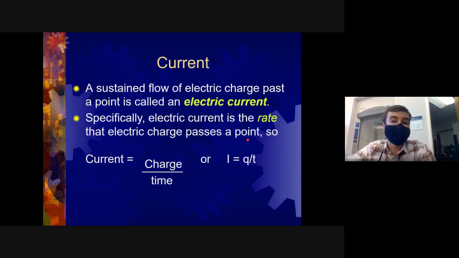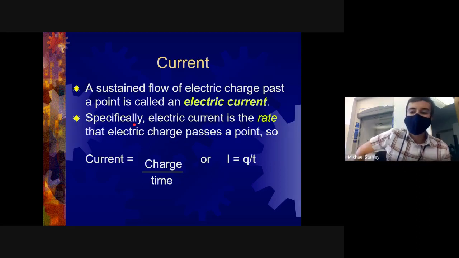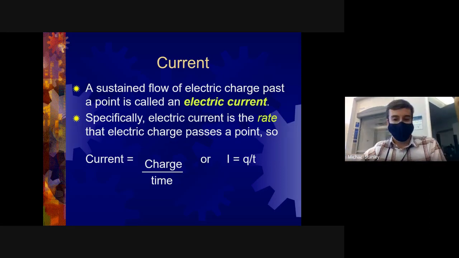So how do scientists actually measure how much current is in our system? How much current is in our wire? The way we measure it is looking at how much charge passes through a point or a spot on the wire at a particular time.